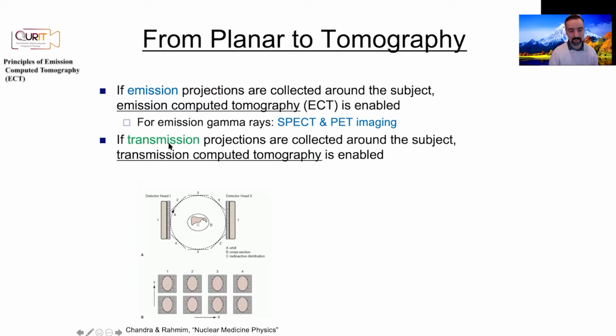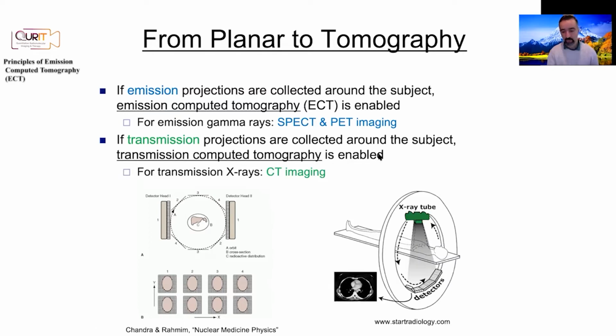Whereas in transmission tomography, the source, let's say the X-ray source, if you're using X-ray as your waveform, is outside the body. So you're, for example, having an X-ray tube rotating around the subject with detectors, and that's going to give you CT imaging, if the source is X-rays.